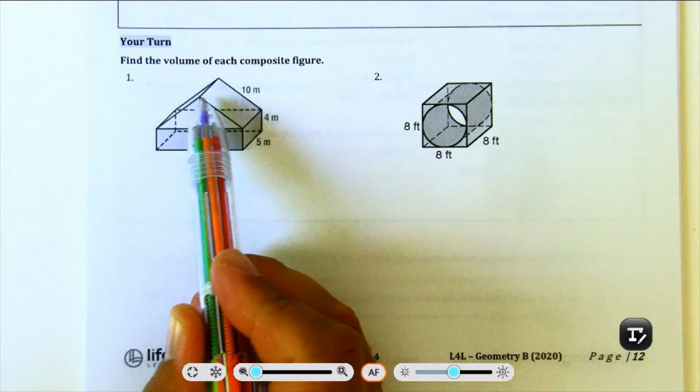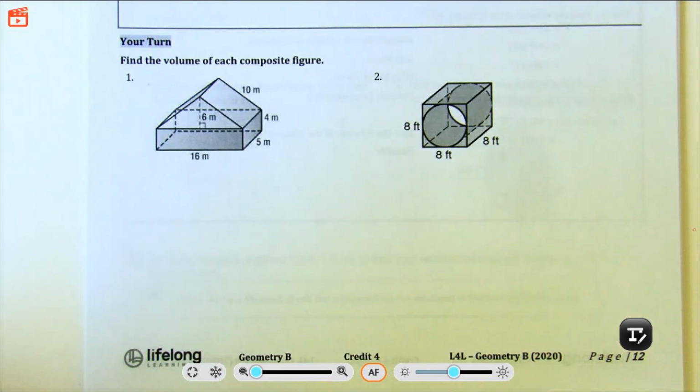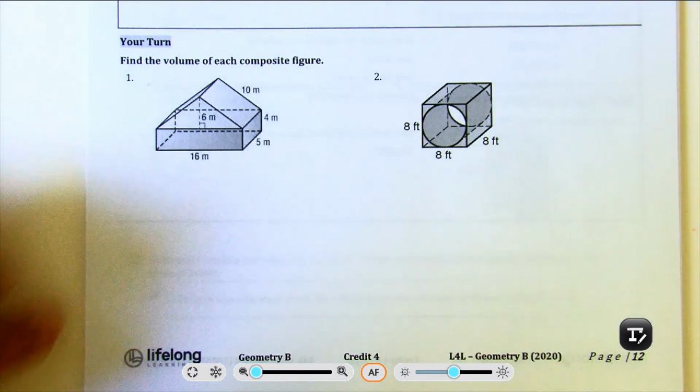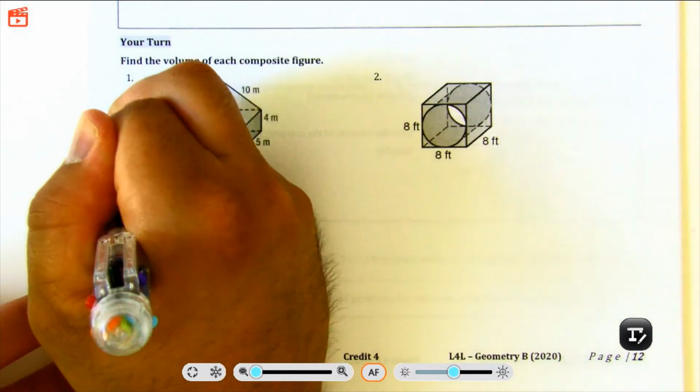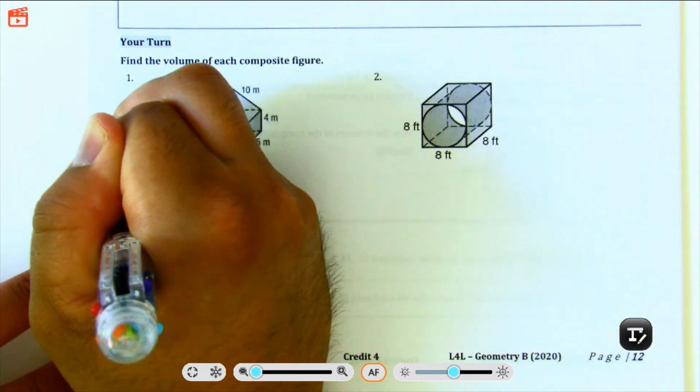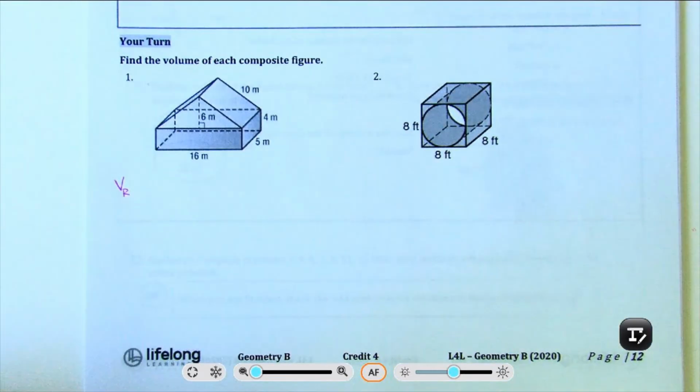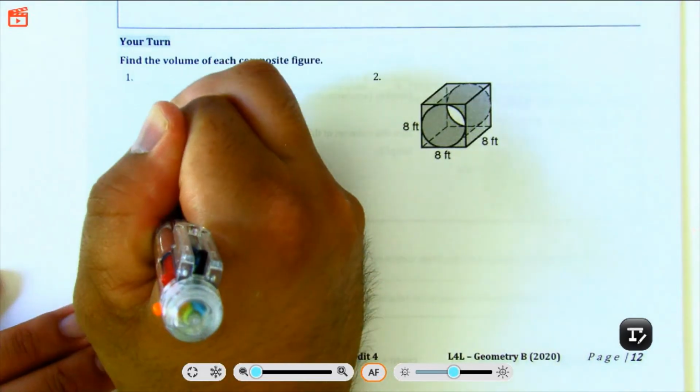So let's find the volume of the rectangular prism first. So the volume of, I'm going to put R for the rectangular, is equal to length times width times height. So 16 times 5 times 4.